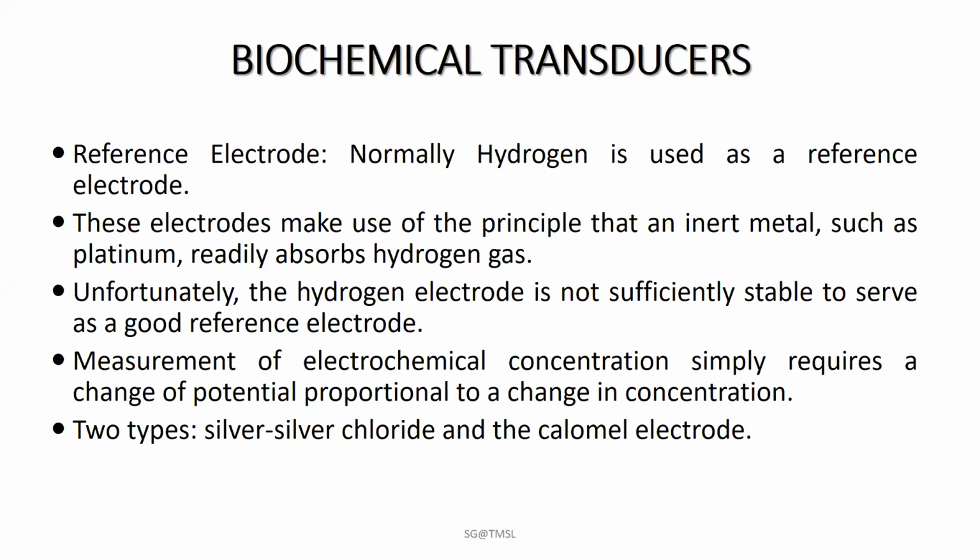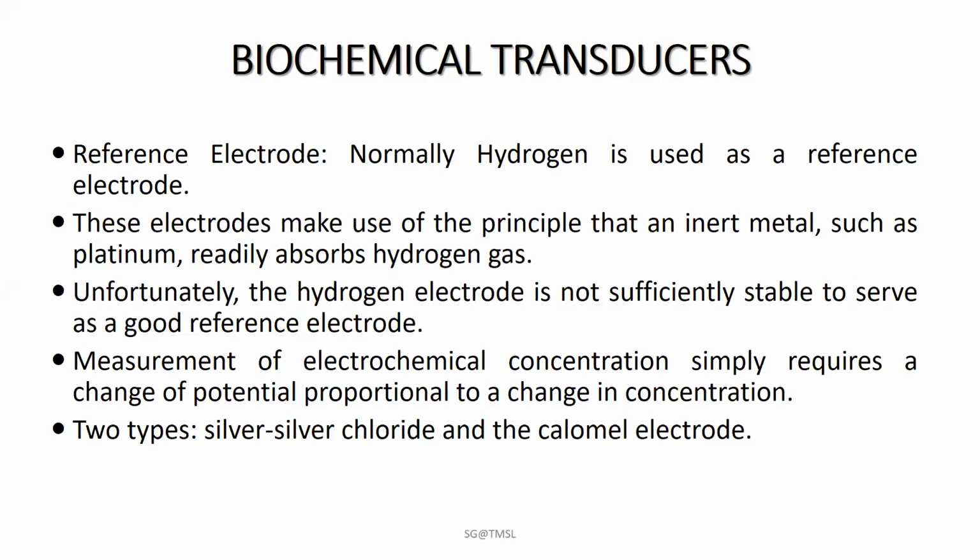These are connected to a voltage source such that the electrode to be chlorided is made positive with respect to the other. The silver ions combine with chloride ions from the salt to produce silver chloride molecules that coat the silver.